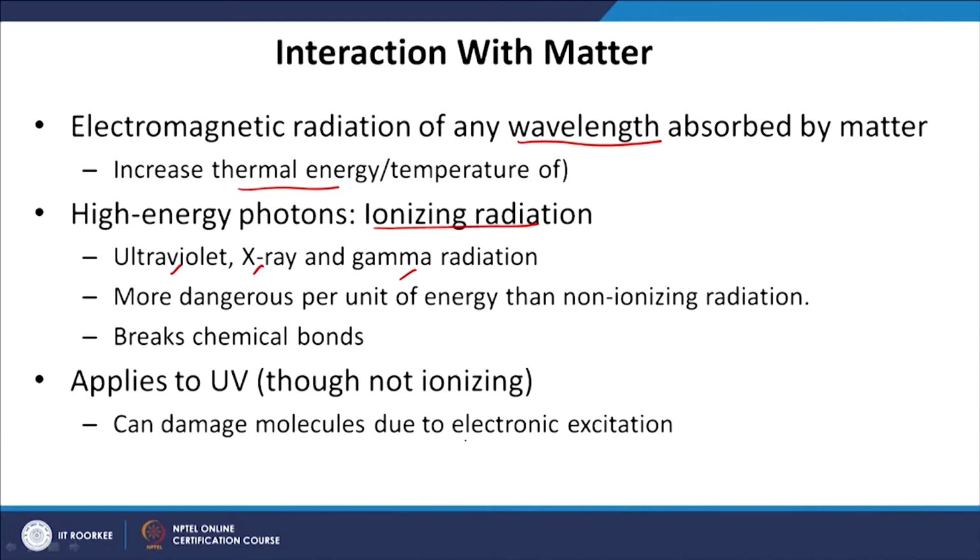Ultraviolet light, which has intermediate energy content, also is dangerous. Although it is classified as non-ionizing, it can lead to electronic excitation within the matter, and this electronic excitation itself is very dangerous. So, short wavelengths and high energy photons are classified as ionizing radiation.